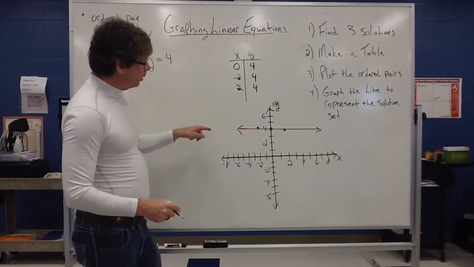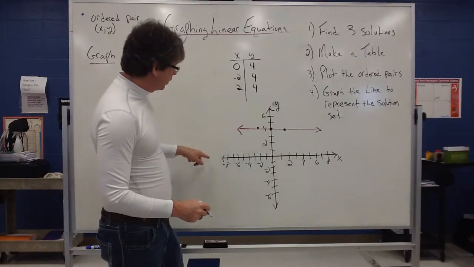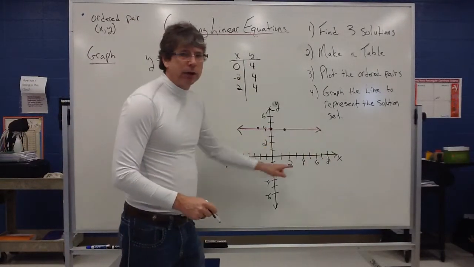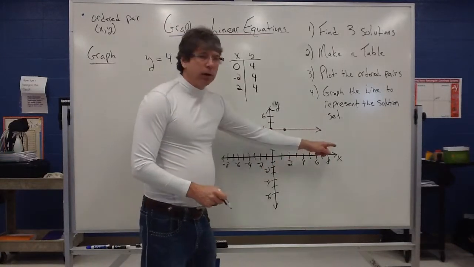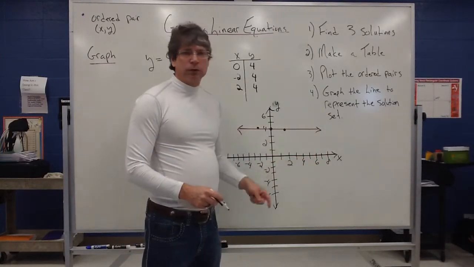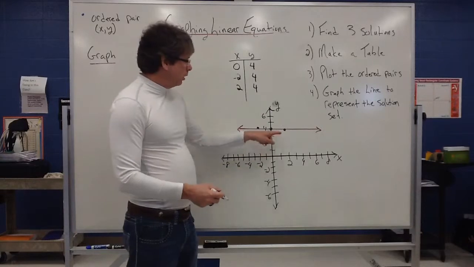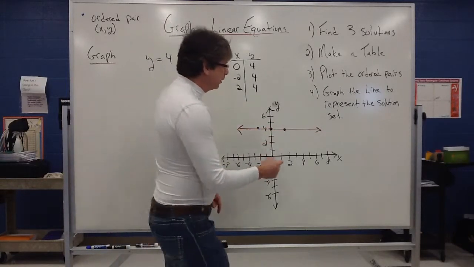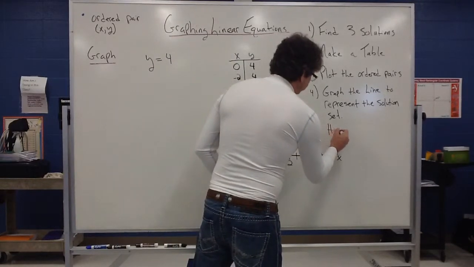So when you have a line that runs like this, notice how it's running kind of what we'd say parallel to the x-axis. Remember, the x-axis was considered a horizontal axis. So therefore this line is going to be described as a horizontal line.